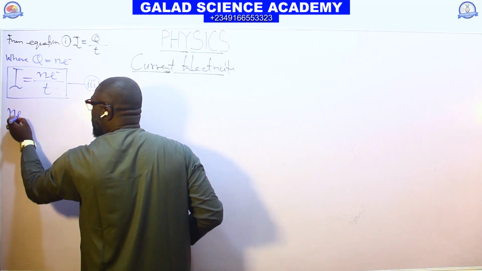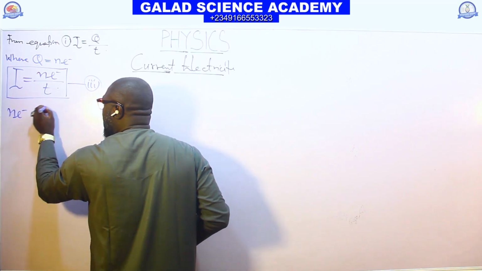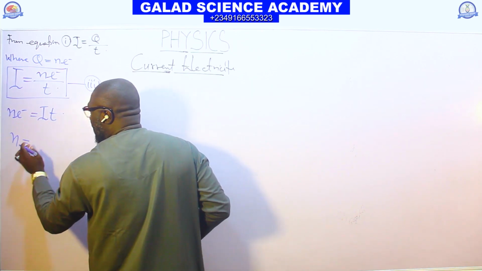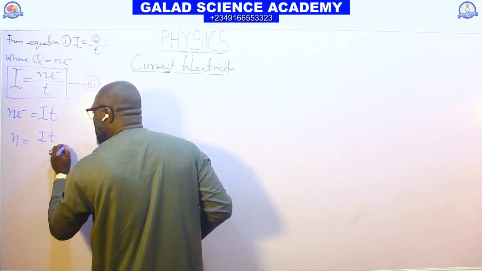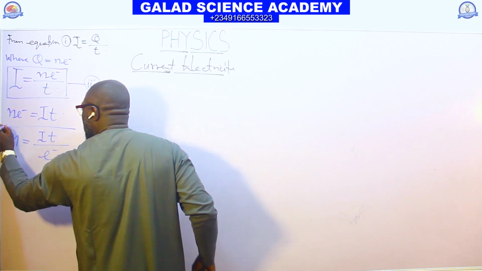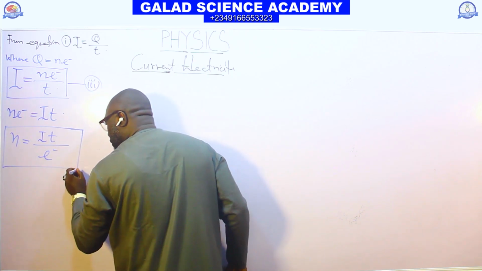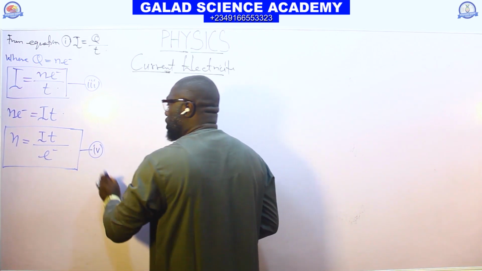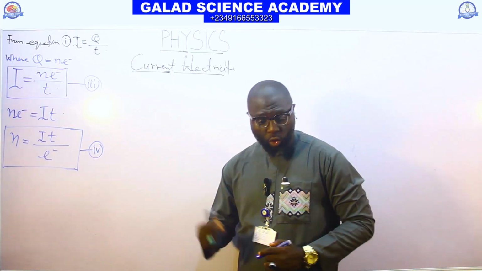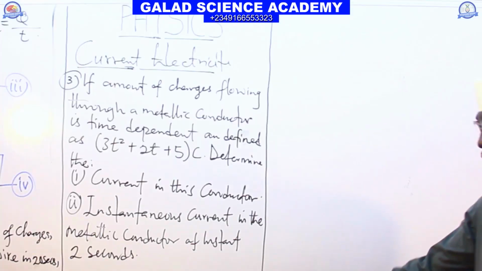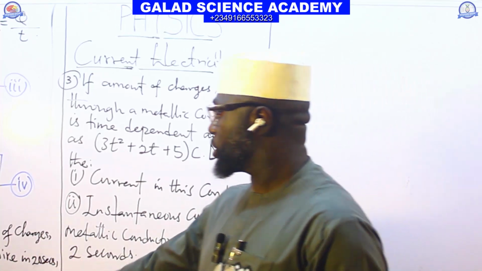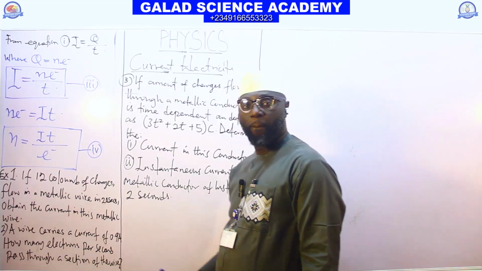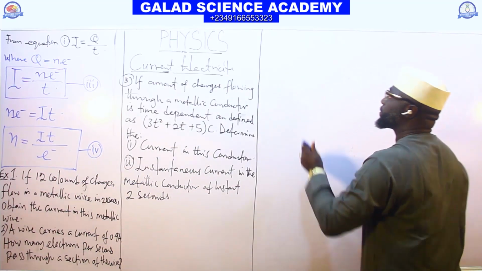We have NE equal to IT, so the number of electrons will be IT over E. Let me call it equation 4. Now let's solve these three questions by applying equations 1 to 4. So the solution.